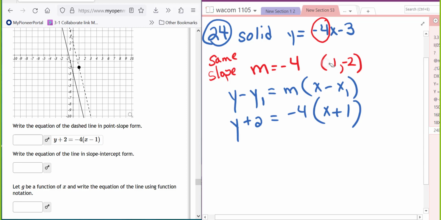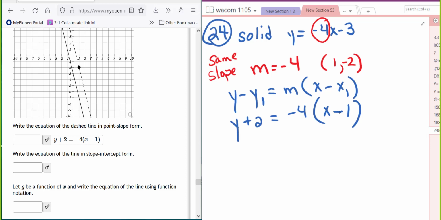And that would change this piece. Because that was the x, and so it would be x minus 1. Sorry about that, guys. I just read the coordinates off wrong.